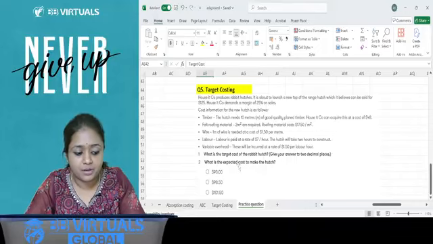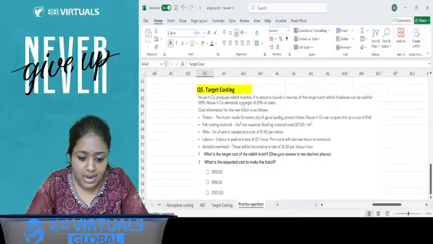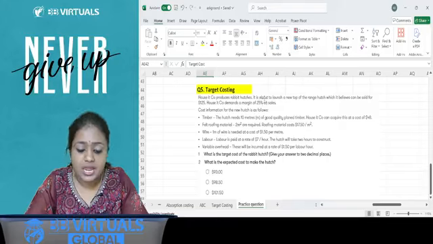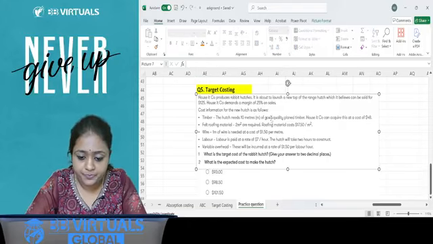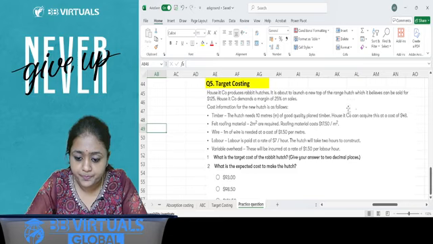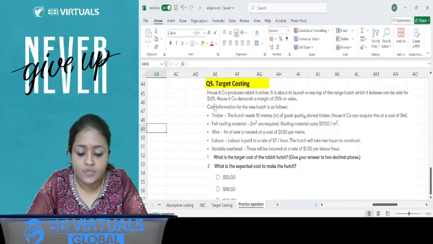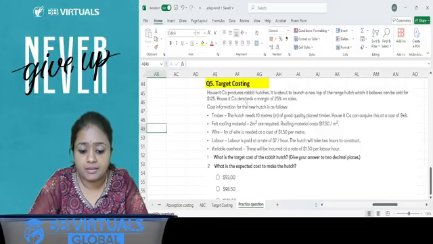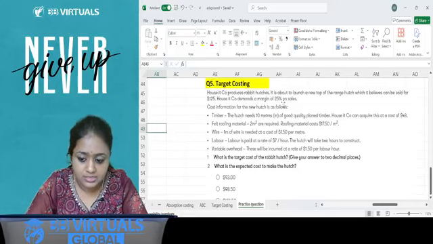Okay, now please look here. House It Company produces rabbit hutches. It is about to launch a new type of hutch which it believes can be sold for $125. House It Company demands a margin of 25% on sales. So this is very easy.